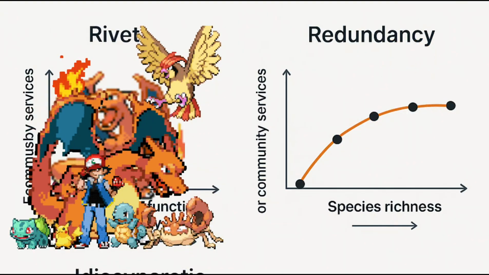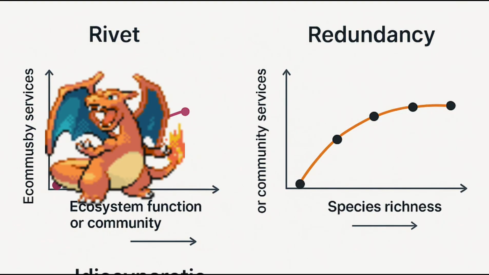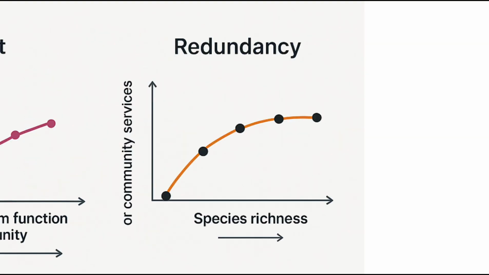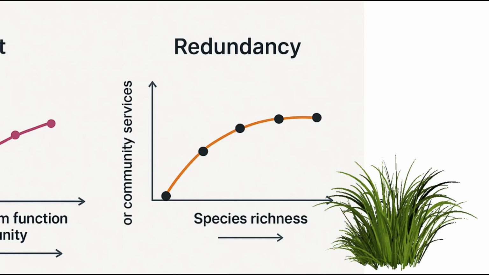But if too many species are lost, then ecosystem function declines. So there is a rapid rise, then it increases and then plateaus. So backup species are present, and an example is grassland plants in nutrient cycling, where different grasses can perform similar roles.